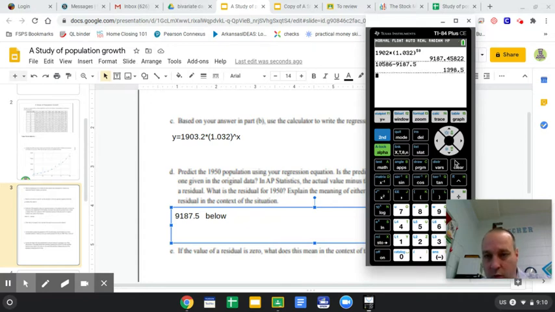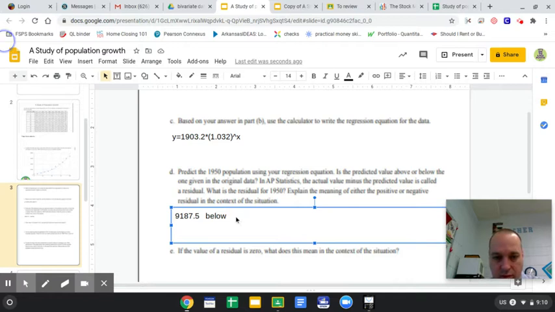So I get 1,398.5. So I would put residual is 1398.5.